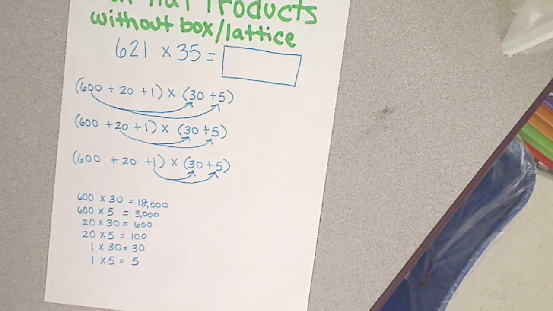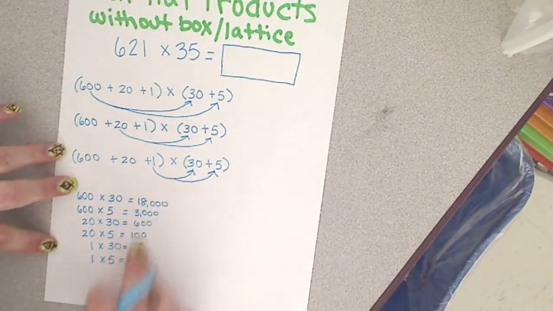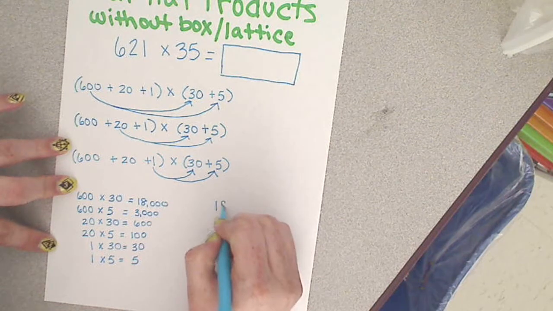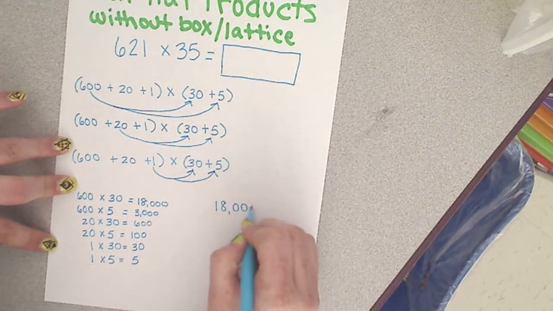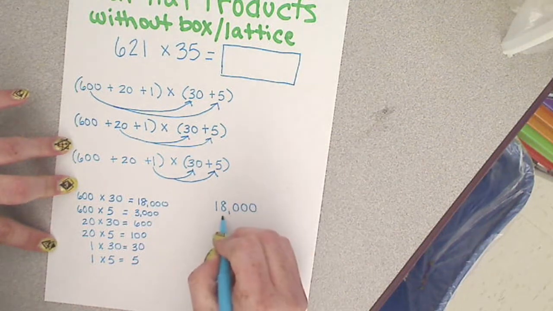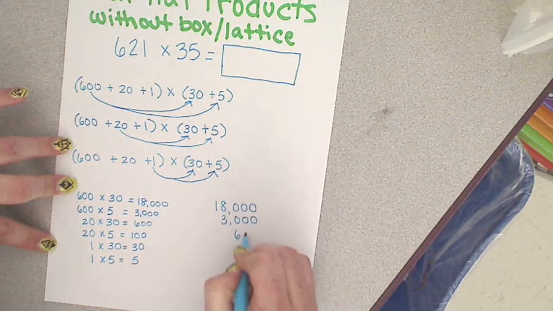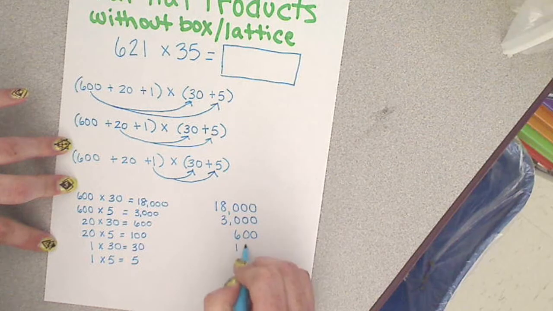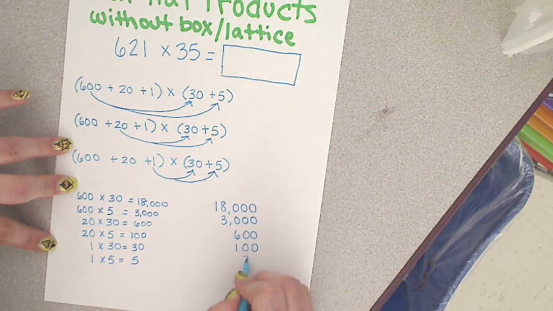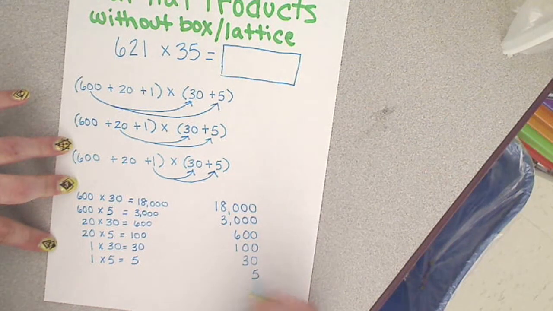And now, you guessed it, we have to add these partial products together. We have 18,000 plus 3,000 plus 600 plus 100 plus 30 plus 5.